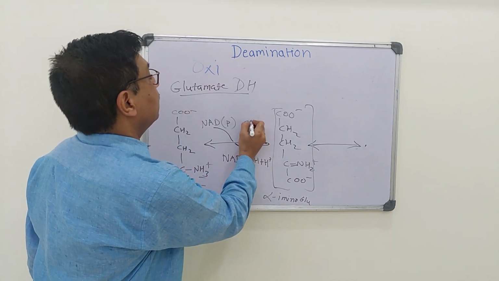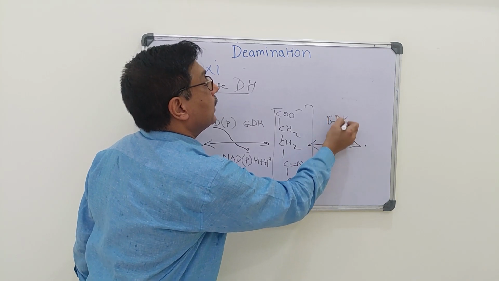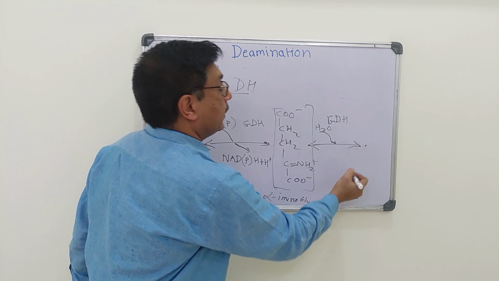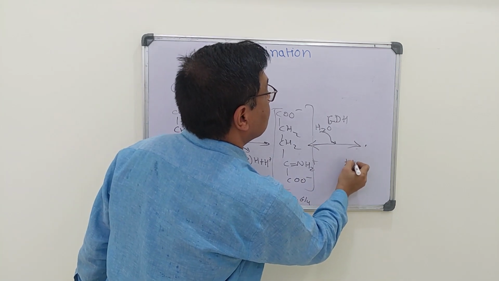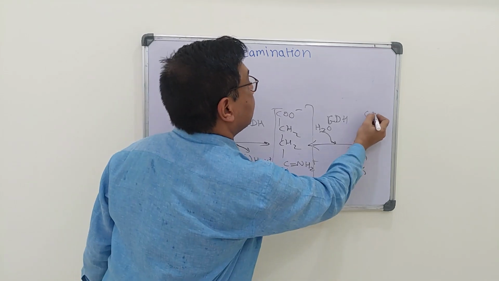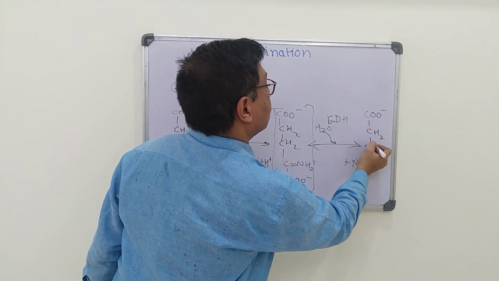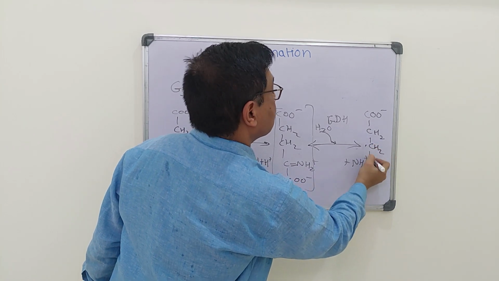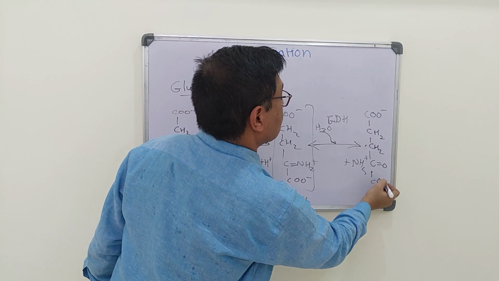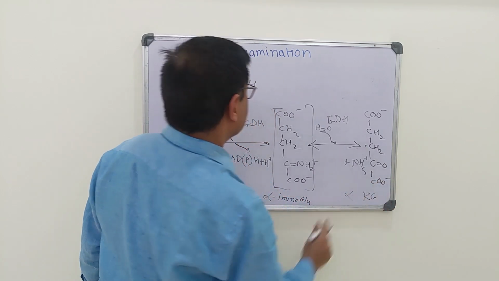In presence of glutamate dehydrogenase, addition of water molecule occurs, and there occurs removal of ammonium ion, and alpha ketoglutarate is synthesized. So this is alpha ketoglutarate.